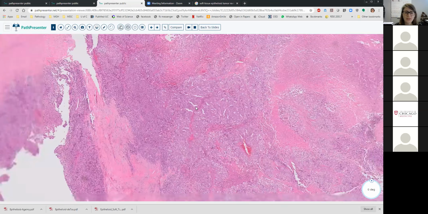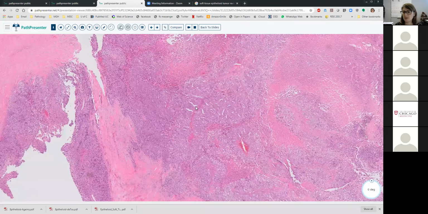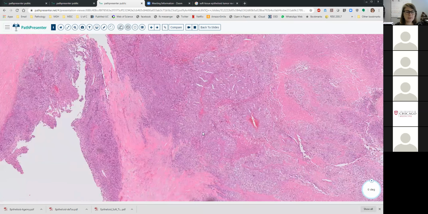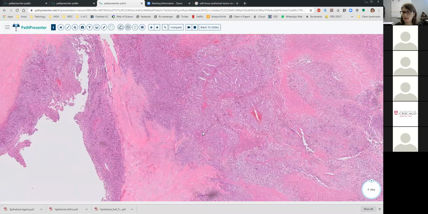I think the one thing I could impress upon you is it can be very difficult, on H&E, to make 100% of a diagnosis without knowing the location, the age, and ultimately your immunoprofile, right? So these are tough. They all look very similar, but as long as you keep all of them on your differential, I think you'll be successful.